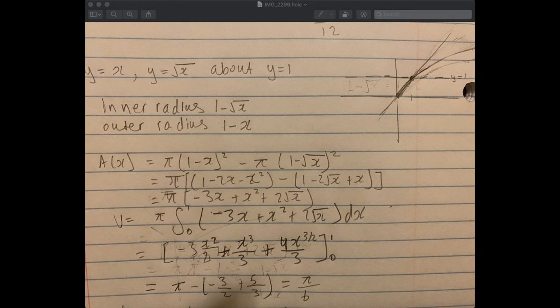How do you factor x and the square root of x? So x equals square root of x. Now you're making x minus square root of x equals 0.